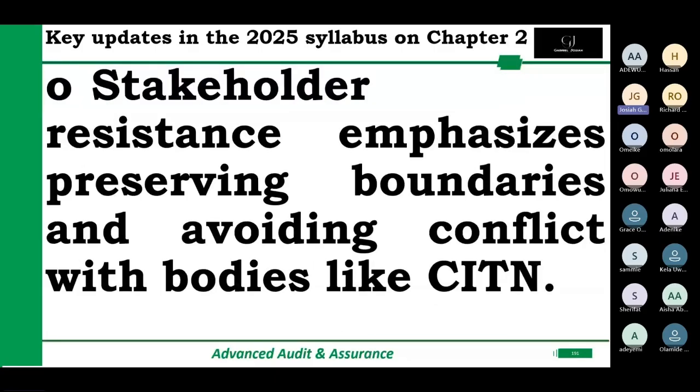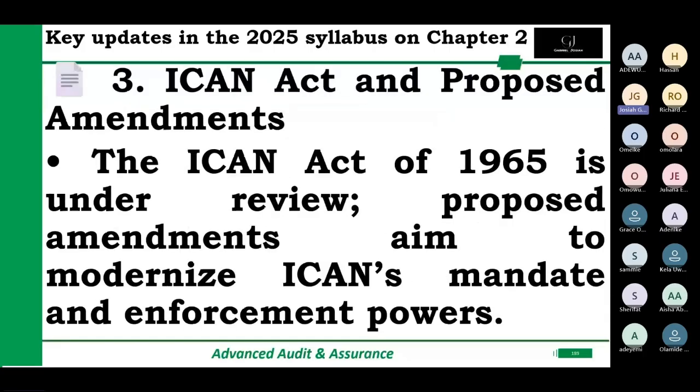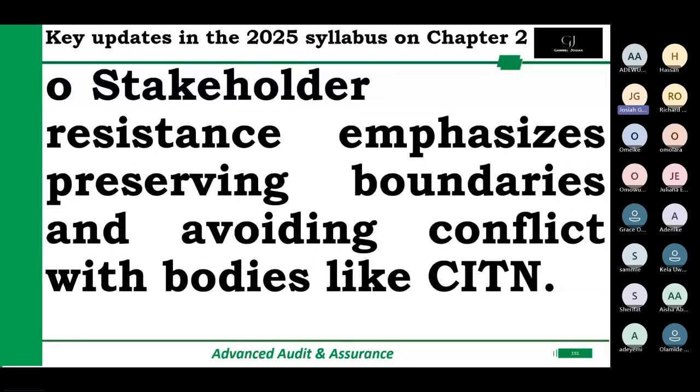Also, areas of stakeholder interest or resistance emphasize preserving boundaries and avoiding conflict with bodies like CITN, where ICAN have been having this long fracas and court case. So proposed amendments are coming to foster synergy and work together with such bodies to avoid such conflicts in future.